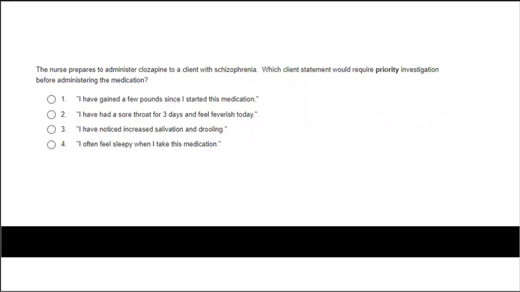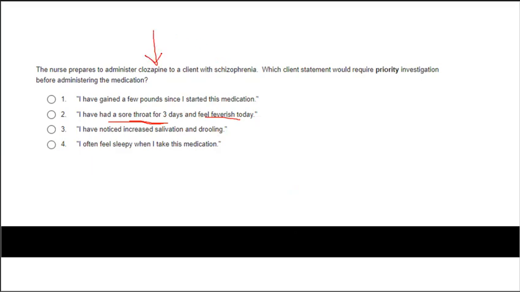The nurse prepares to administer clozapine to a client with schizophrenia. Which client statement will require priority investigation before administering this medication? Because of time, I'm going to go with option 3, because if they say they're having a sore throat for 3 days and they're feeling feverish, we don't want to administer clozapine. Why is that?